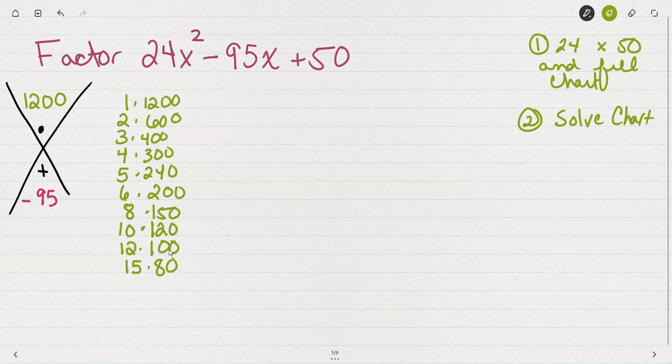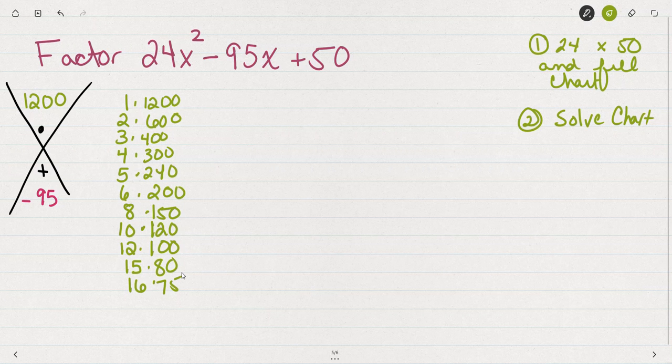Let me just continue to show you that there's really not a whole lot of different answers. And it goes pretty quickly. If I do 1200 divided by 16, I'd get 75. Divided by 17 doesn't go in evenly.